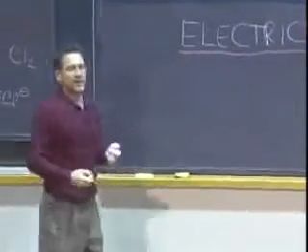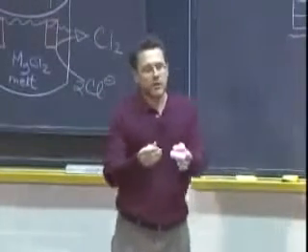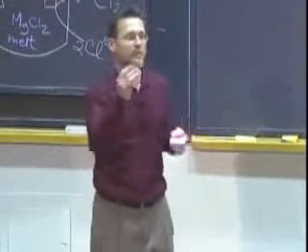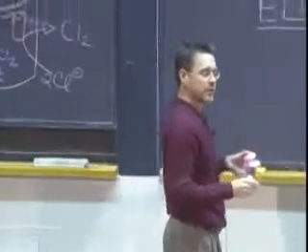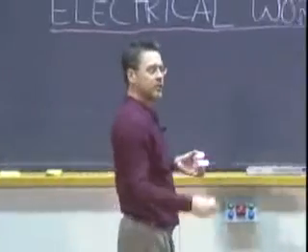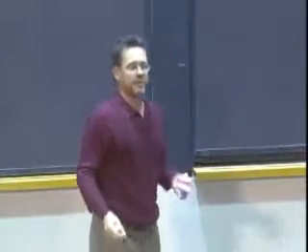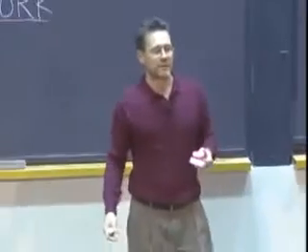Here I want to make an analogy to the way that electrons can do work when they fall through a potential difference and experience a potential difference. I want to make an analogy between that and the way that things go downhill by virtue of the force of gravity.